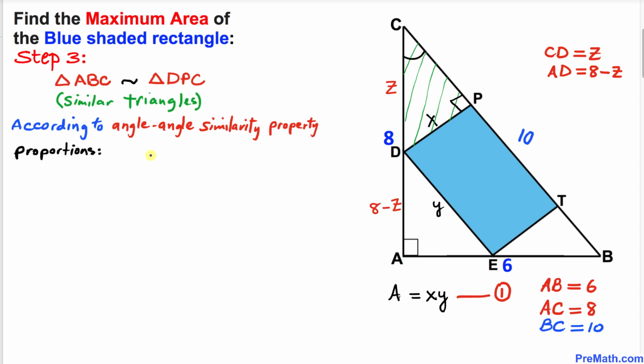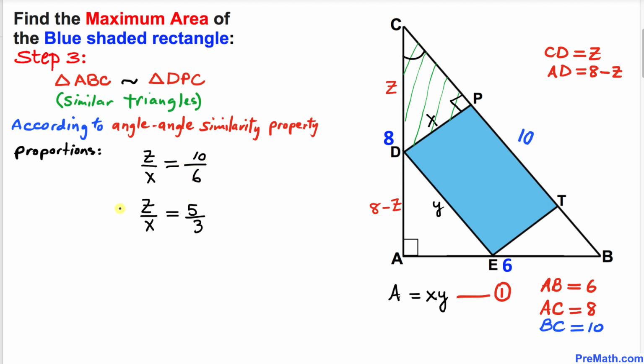And then we can see that we are going to have a proportion. That means we are going to equate these ratios. We are going to write down Z divided by X equals this 10 divided by this 6. So I'm going to write down Z divided by X equals 10 divided by 6.